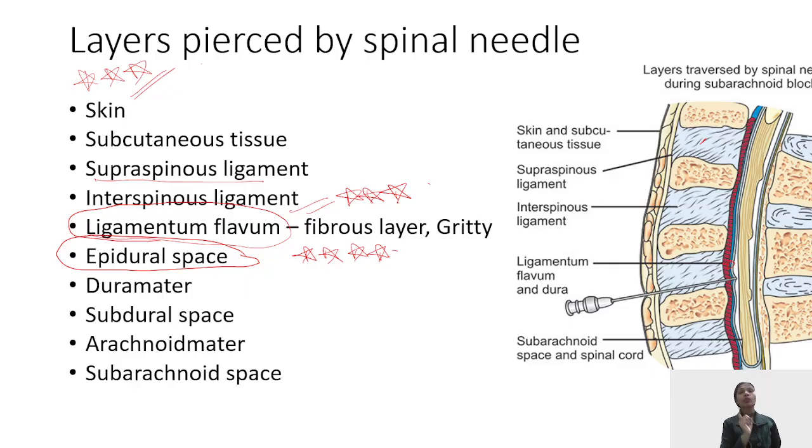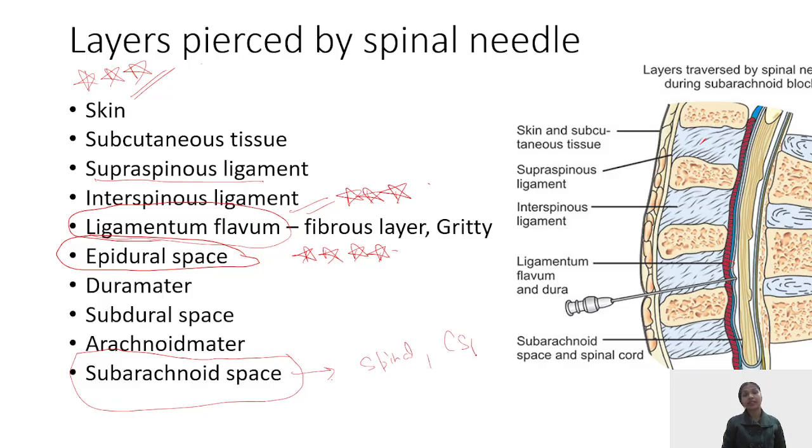After the epidural space start the meningeal layers: dura mater, arachnoid mater and pia mater. Between the arachnoid mater and pia mater is the subarachnoid space, where you deposit your drug for spinal anesthesia.